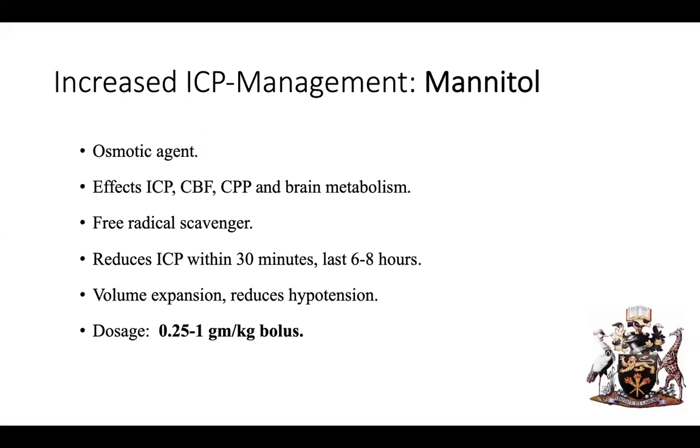Remember that the mannitol we have is 20%, which means for every 100 mils, you have 20 grams. If you have a 60 kilo person, you need to give 60 grams. So 60 grams will come to 300 mils every 6 hours. And you have to monitor the output.